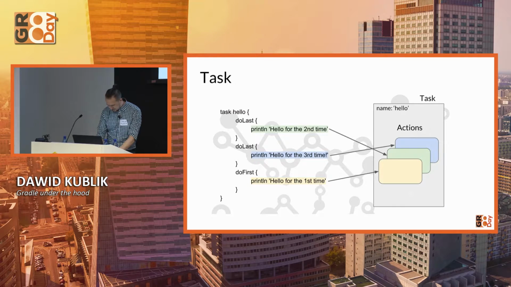And as I mentioned before, it looks bad here. Okay, but it's only one slide. So yeah, okay, so this is some example of a task. And as I mentioned before, in Gradle we do everything with tasks. And tasks can do many things.